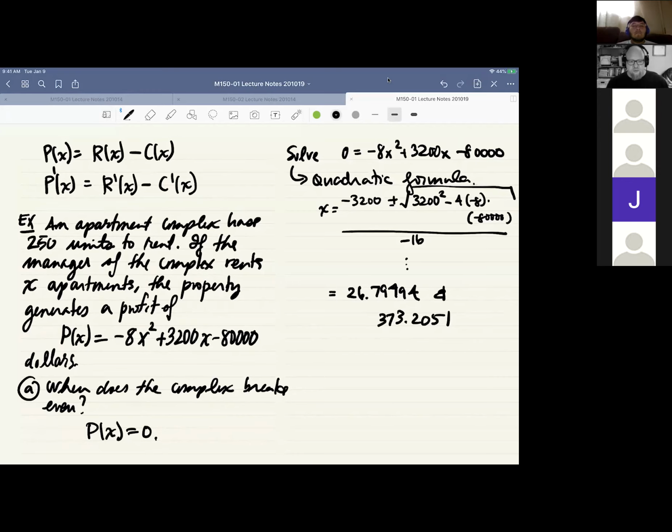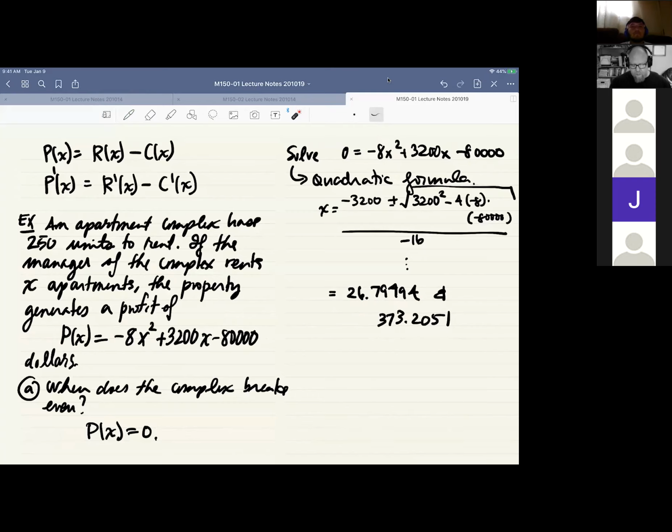So what's the answer to the original question? When does the complex break even? Well, the first thing you should recognize is you can't have a fractional apartment. So should we replace this with the number 26 or the number 27?